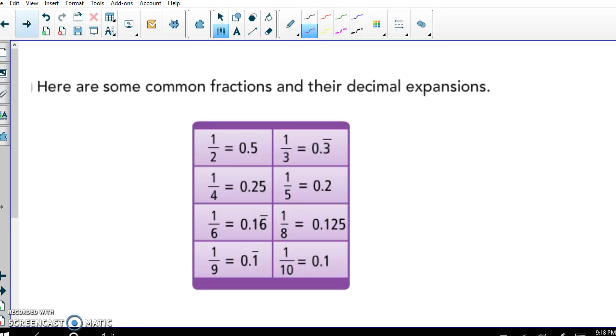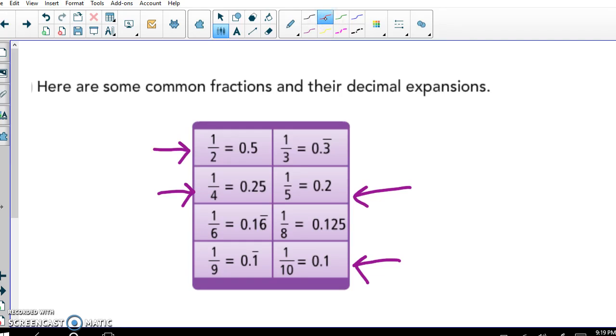A lot of the common fractions that you know would be examples of terminating decimals. You could put these on your list as examples: 1/2, 1/4, 1/5, 1/10. Hopefully those are all decimal expansions that you have memorized. If not, you may want to start committing those to memory.